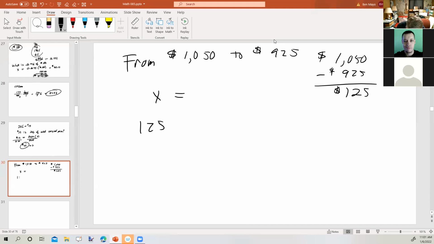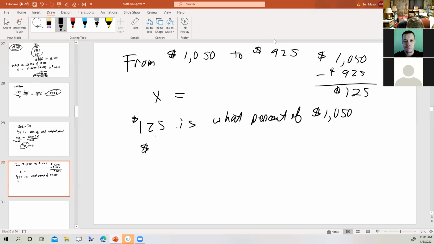So $125 is what percent of the original $1,050. Okay, so we're using the 925, but only to subtract, because we want to know the discount, not the amount after the discount. Okay, so $125 is the discount. That represents what percent of 1,050.